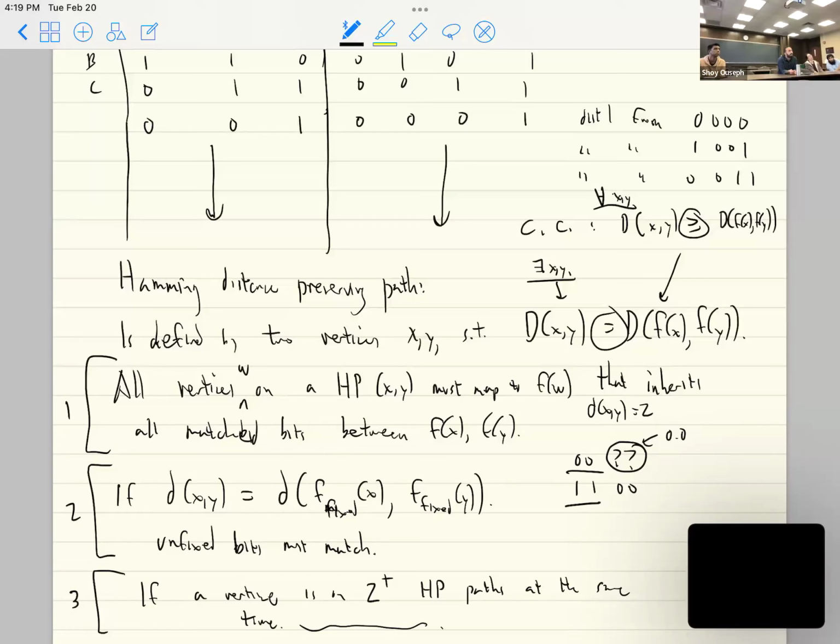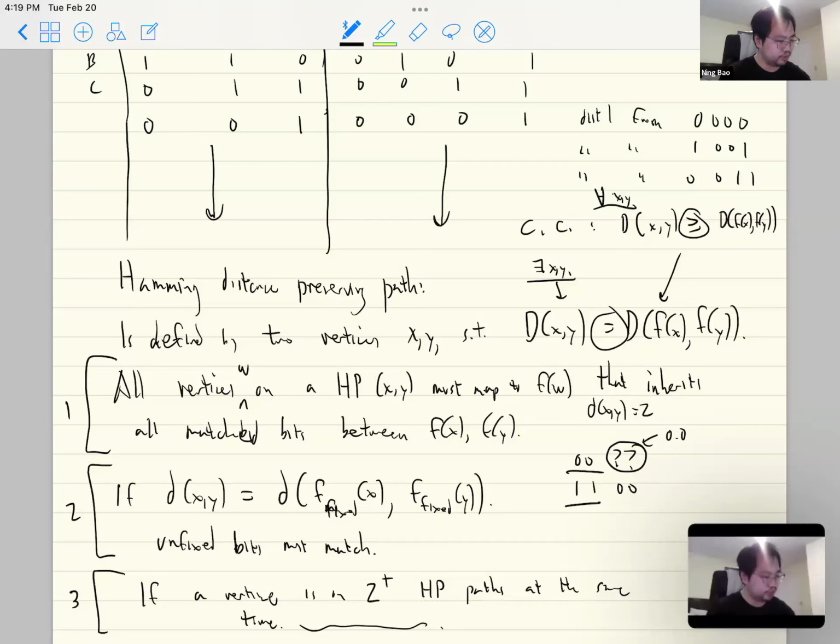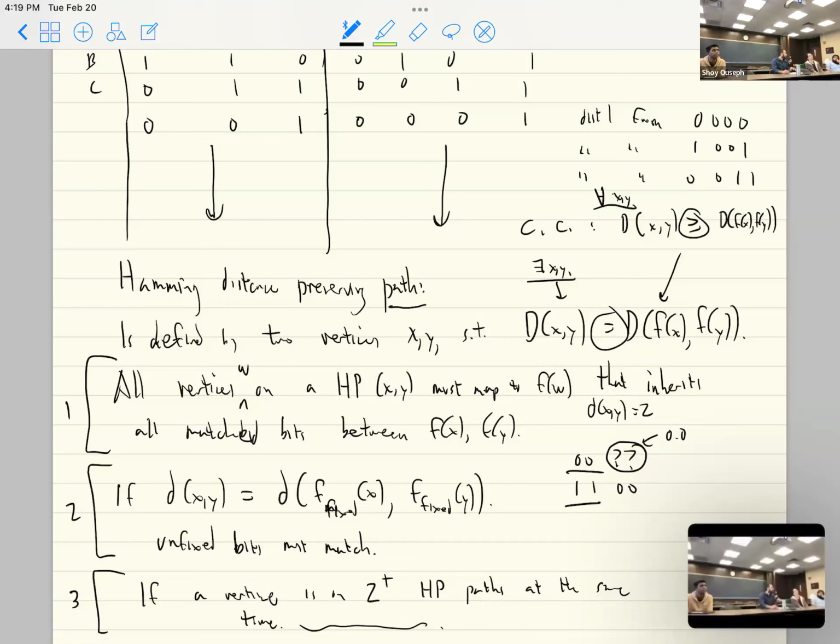Sorry, you defined Hamming preserving maps. What is a Hamming preserving path? I defined Hamming preserving paths. So a Hamming preserving path between 2 vertices x and y on the left-hand side is said to exist if the distance between x and y is equal to the distance between f of x and f of y. Oh, okay. Okay, good.